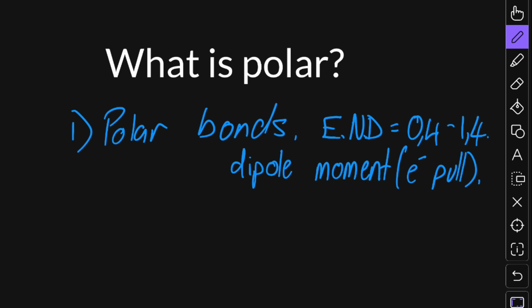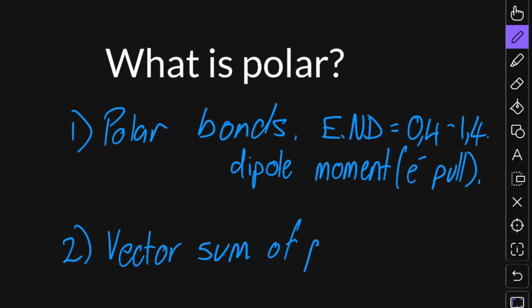Then the second thing for a molecule to be polar is that we need to have a vector sum. Now, please don't be scared because I said the word vector. This has got nothing to do with the physics that you've been doing with Newton. That's a separate paper. So, vector sum of dipoles.